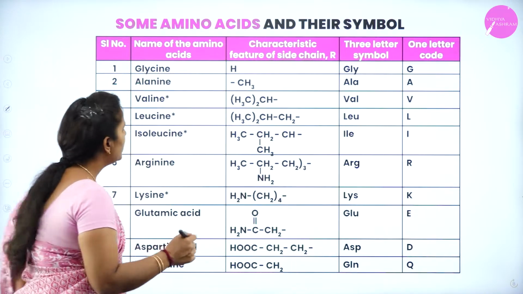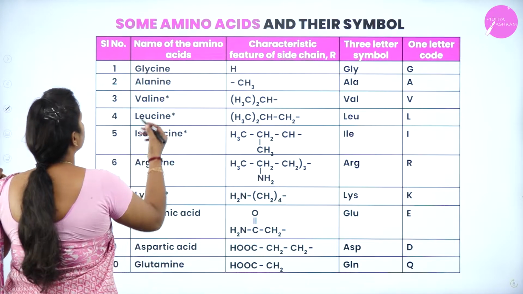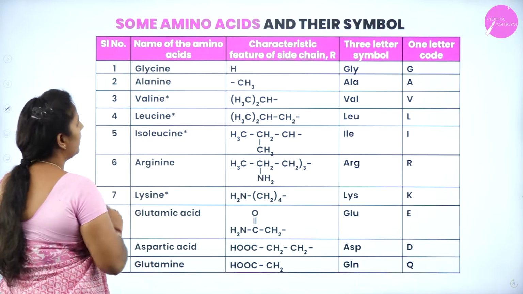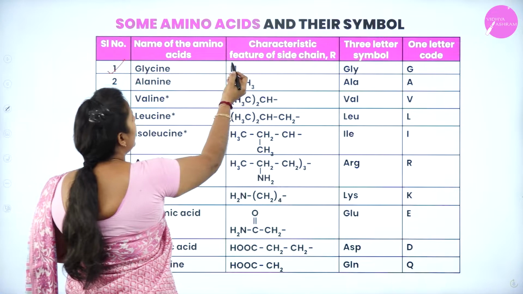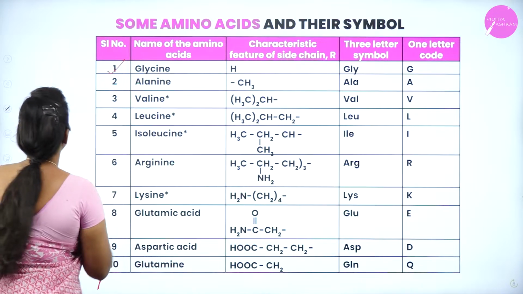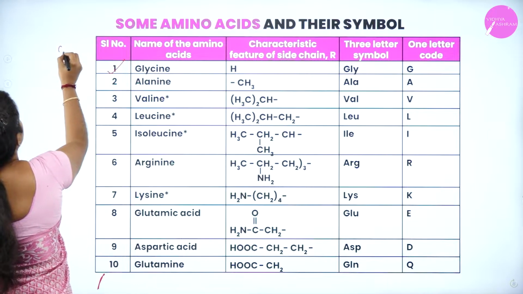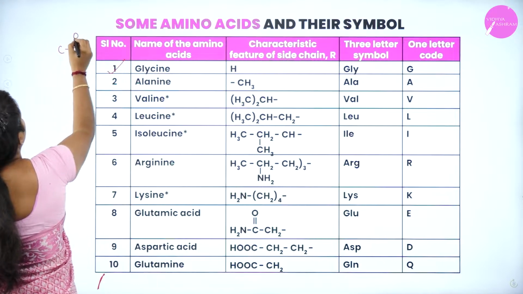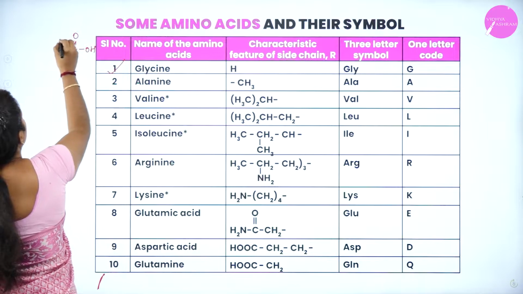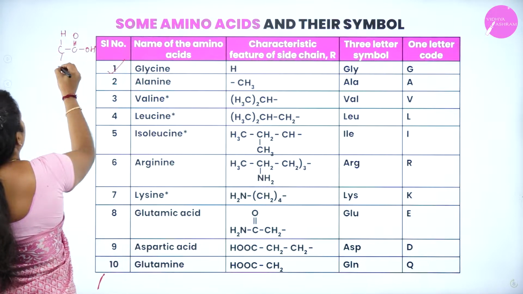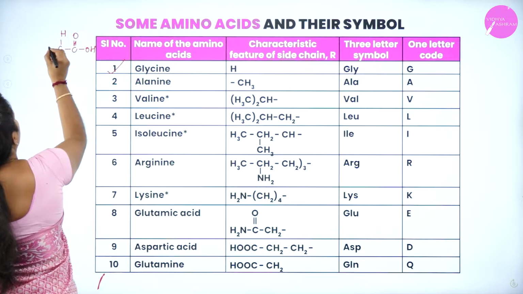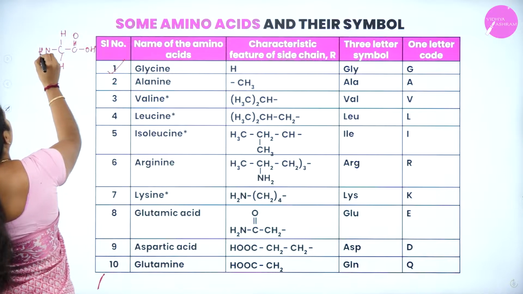Let's see now. First we'll go for the first amino acid, that is glycine, and the variable group is H, so I can write the structure of the amino acid as C double bond O, OH, H, and the variable group is H, then NH2.